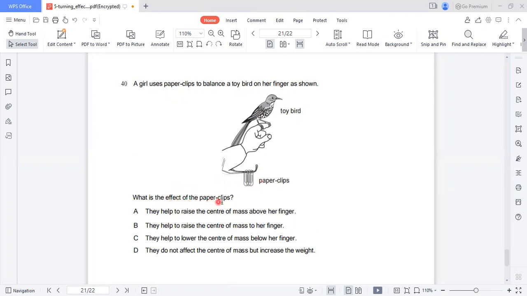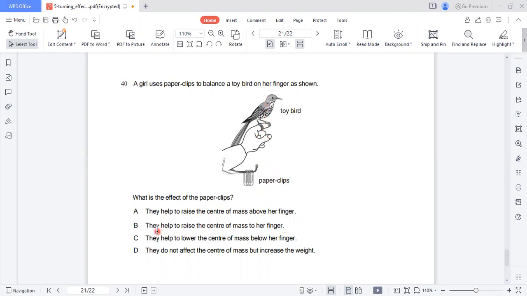What is the effect of the paper clips? They help to raise the center of mass above her fingers?